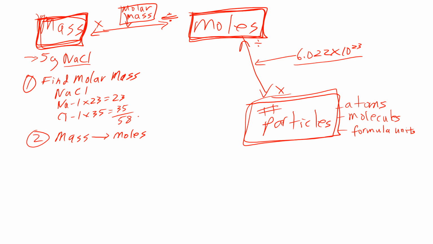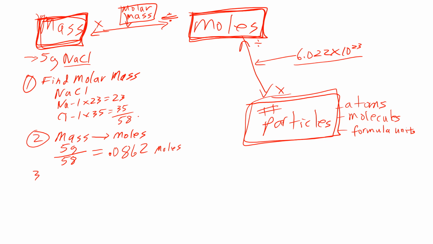So the mass, it's 5 grams divided by 58. Okay, when I take 5 grams divided by 58, I get 0.0862. All right, and this is going to be moles.